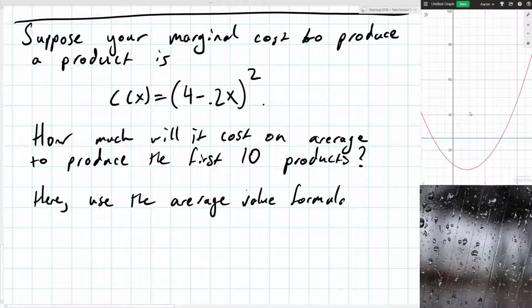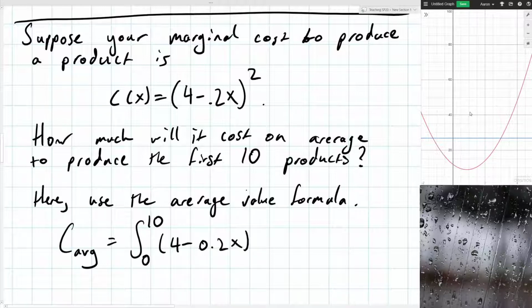So the average cost will be the integral from, we're talking about the first 10 products, so that'll be from 0 to 10. We want our area to have a width of 10. Of 4 minus 0.2x quantity squared dx.